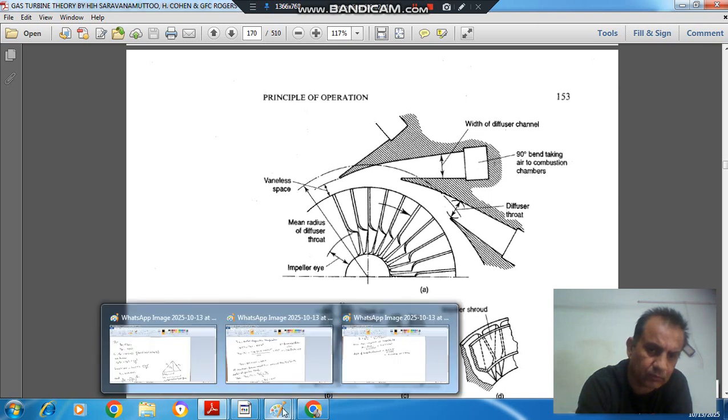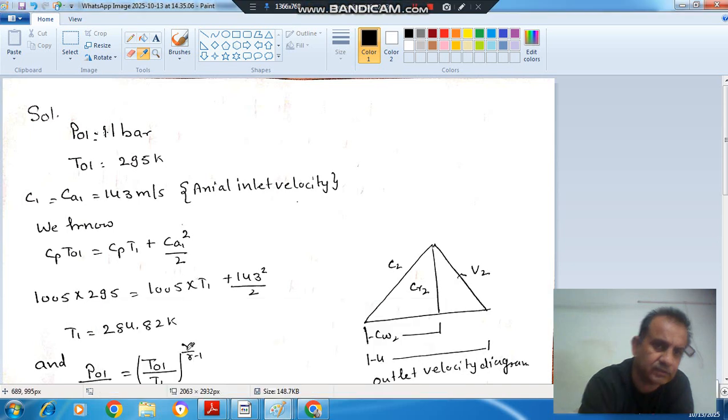In the question, initial stagnation pressure and stagnation temperature are given. Stagnation pressure is 1.1 bar and stagnation temperature is 295 Kelvin, and it is given that the inlet velocity is axial. So there is only one component of velocity of air, that is CA1, which is 143 meter per second, and that is equal to the absolute velocity.